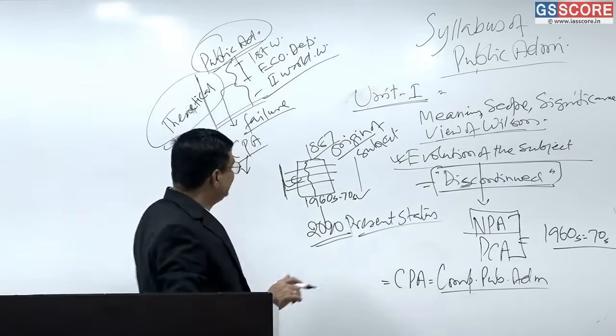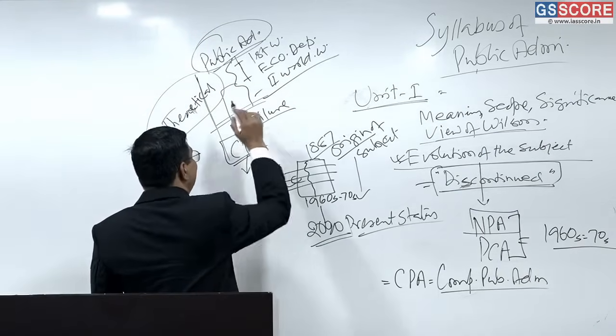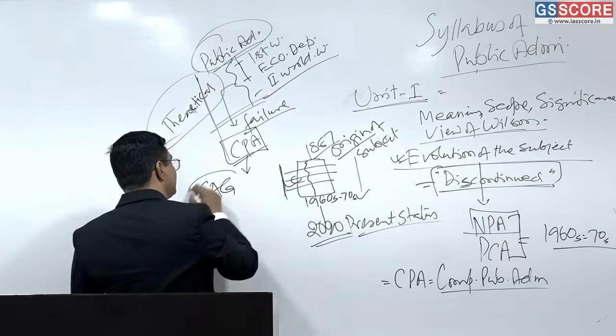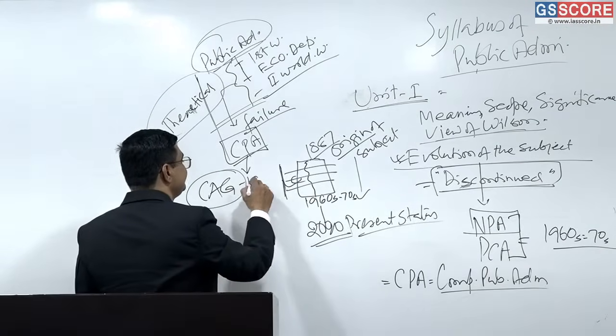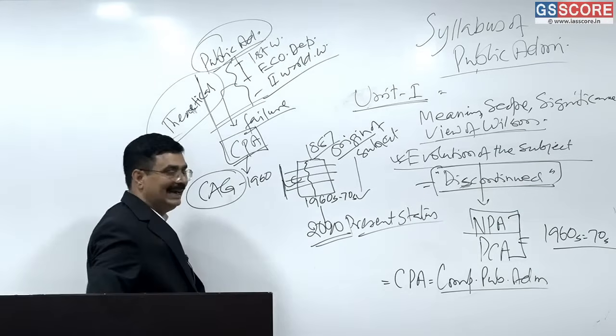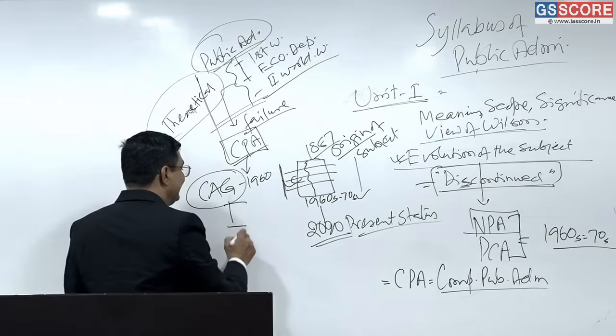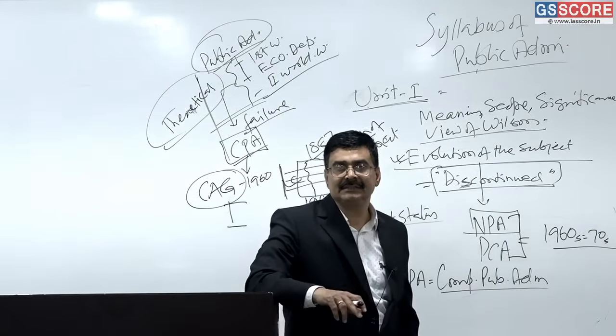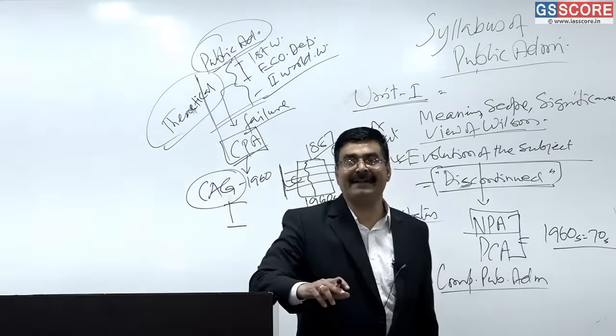So to take up the needs of comparative public administration, there was CAG, Comparative Administration Group, organized in 1960. And the CAG started reading the conditions of the developing countries of the world in course of ensuring development.